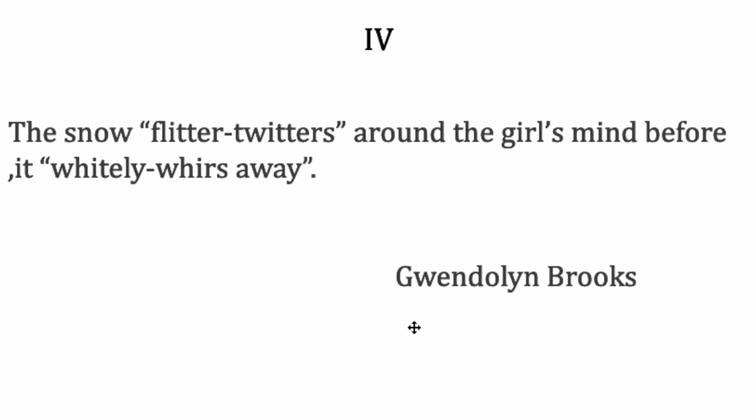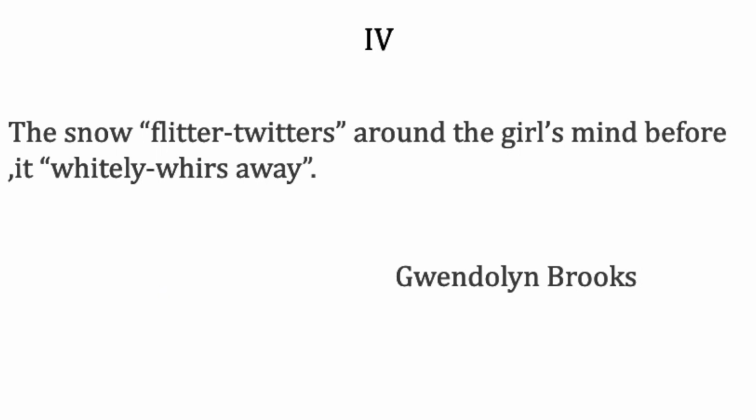It is written by a very famous American poet, Gwendolyn Brooks, and she talks about a girl who is trapped in the snow, and she says the snow is making some kind of noise. What's that noise? Flitter twitters. That is onomatopoeia, the figure of speech used in this line.